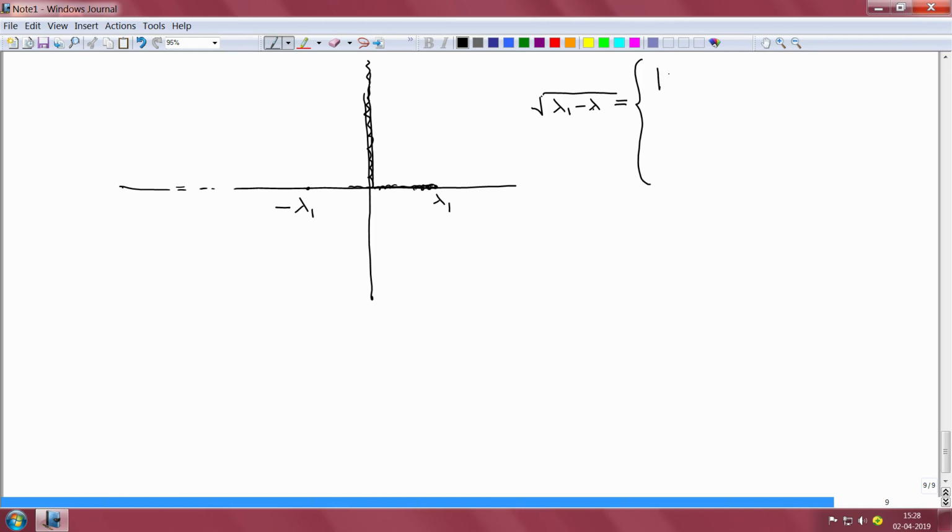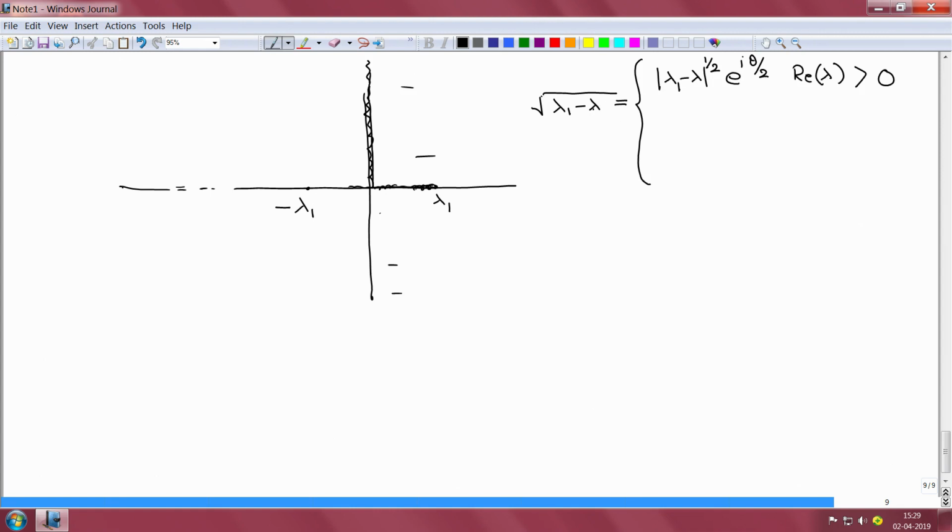So it is lambda 1 minus lambda magnitude to the power half e to the power of i theta by 2 whenever real part of lambda is greater than 0.